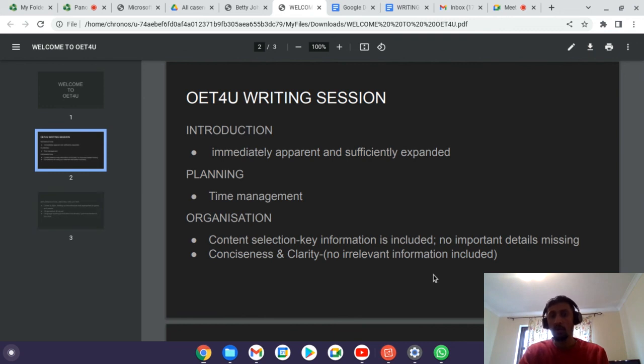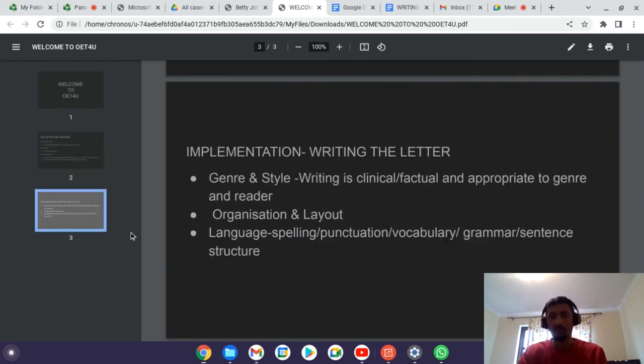Then you implement that case note in an organized manner, with layout and style. Then you can write your letter within 20 minutes, around 20 to 25 minutes, and then you will definitely get 2 to 3 minutes to look after your letter.